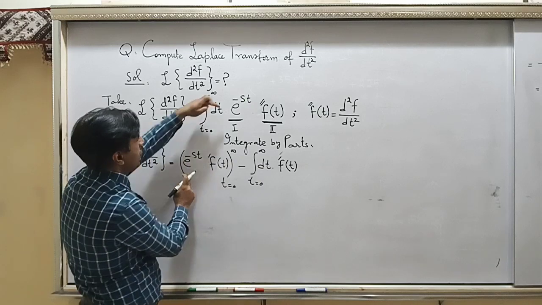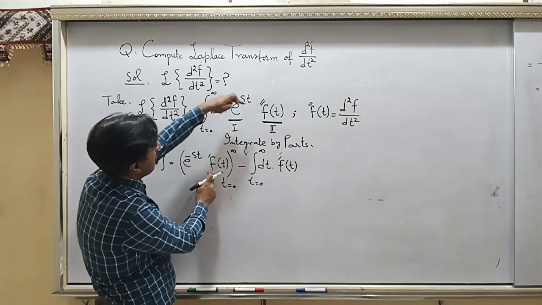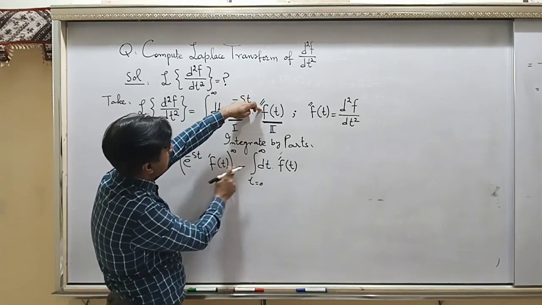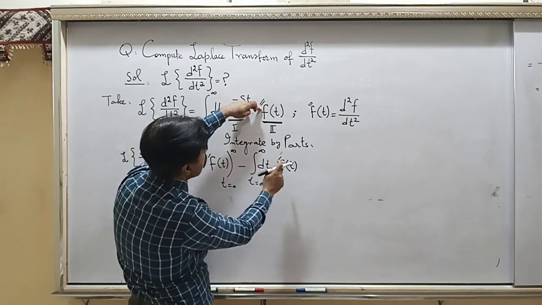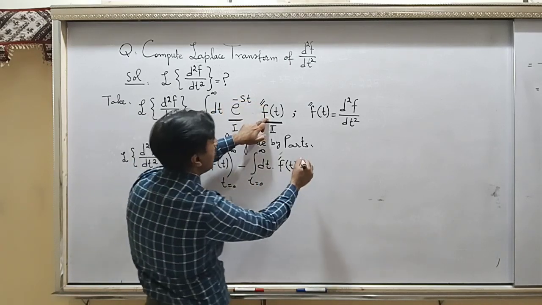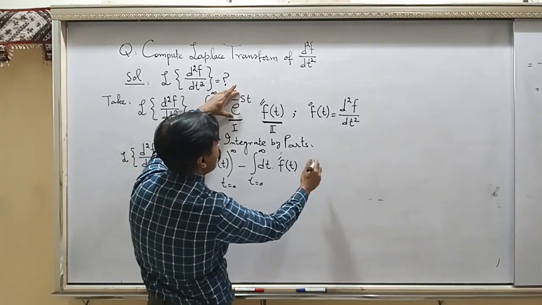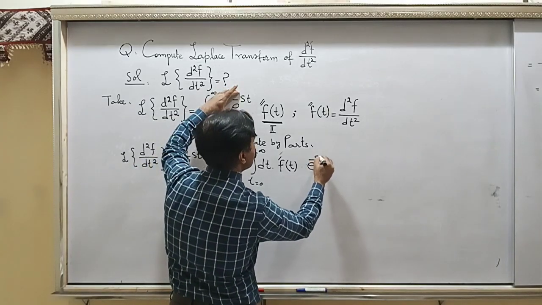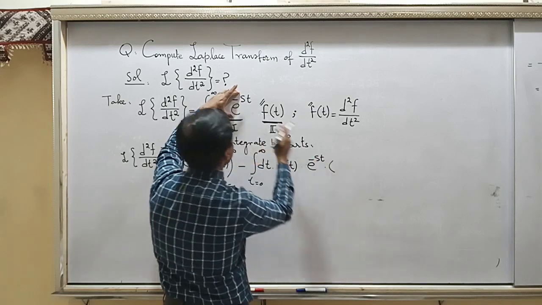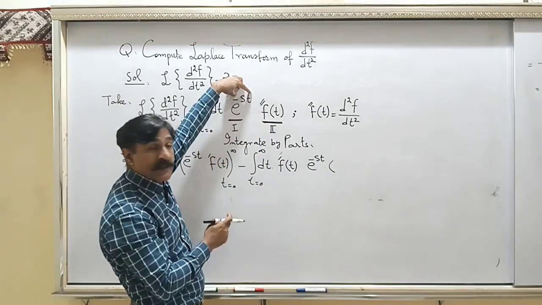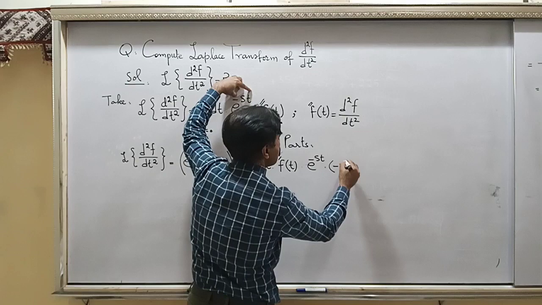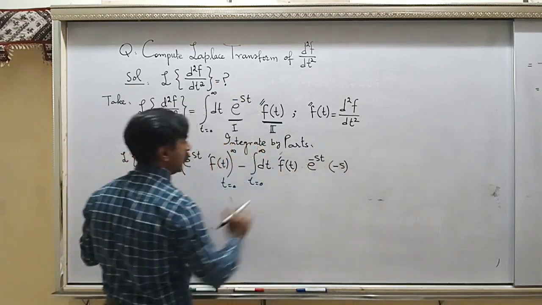So first function, listen again, into the integration of the second function, minus integral of the integration of the second function into the derivative of the first function. The derivative of this exponential is the exponential into the derivative of the exponent, and it is minus s. Okay, done.